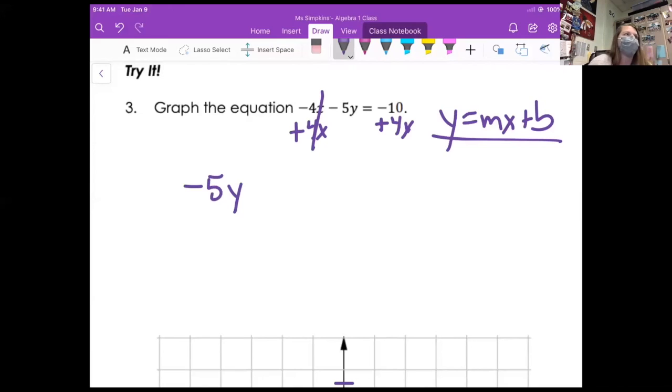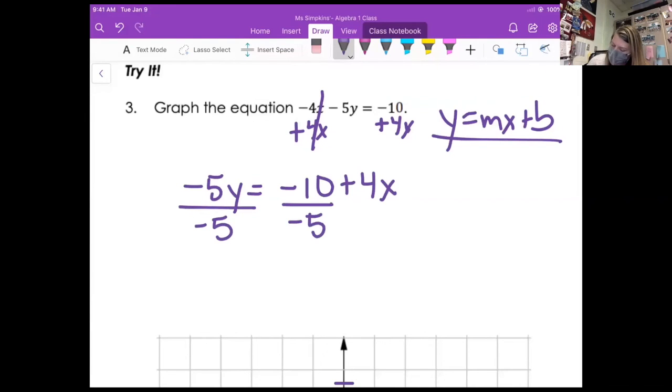That's important. I saw a handful of you have just 5y. Make sure you put -5y equals -10 plus 4x. Y is being multiplied by -5, so that means we want to divide everything by -5. So you're left with just y equals -10 divided by -5, 2.